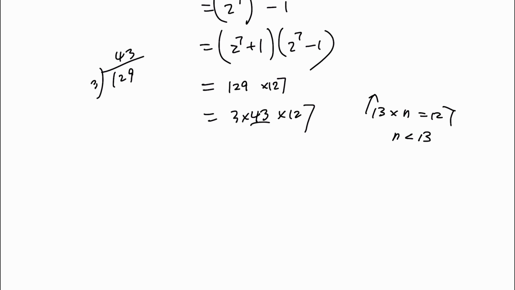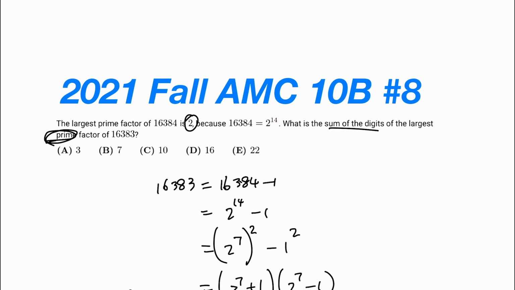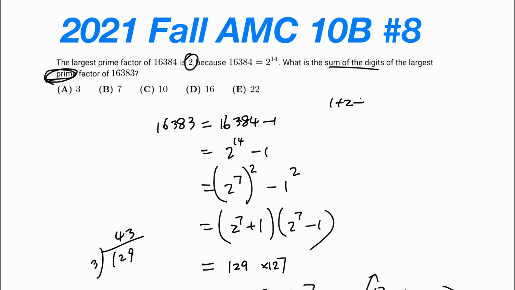Which means that we would have already tested it before that, because we would have tested n. So you only have to test up to the greatest integer less than the square root of 127. Well, now we can confirm that 127 is indeed a prime, which means that it wants us to find the sum of the digits, which is 1 plus 2 plus 7, which gives 10, or C as our answer.